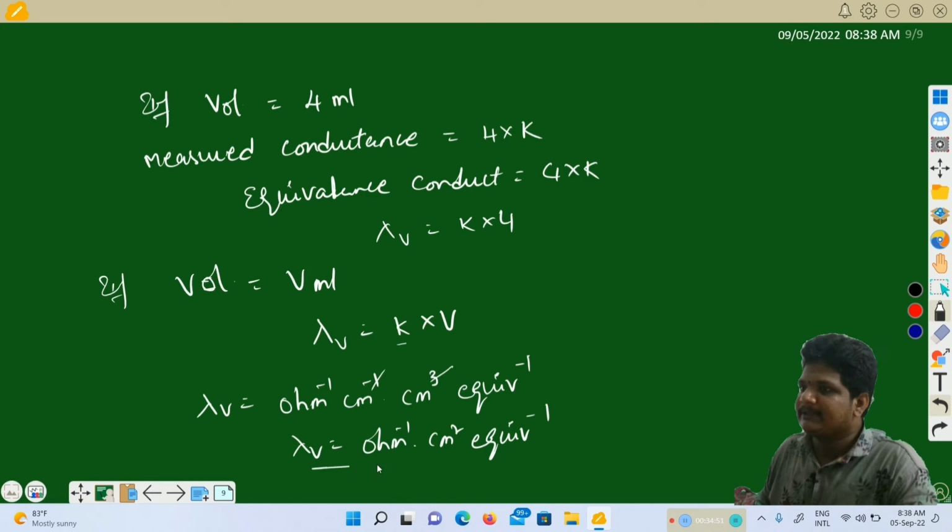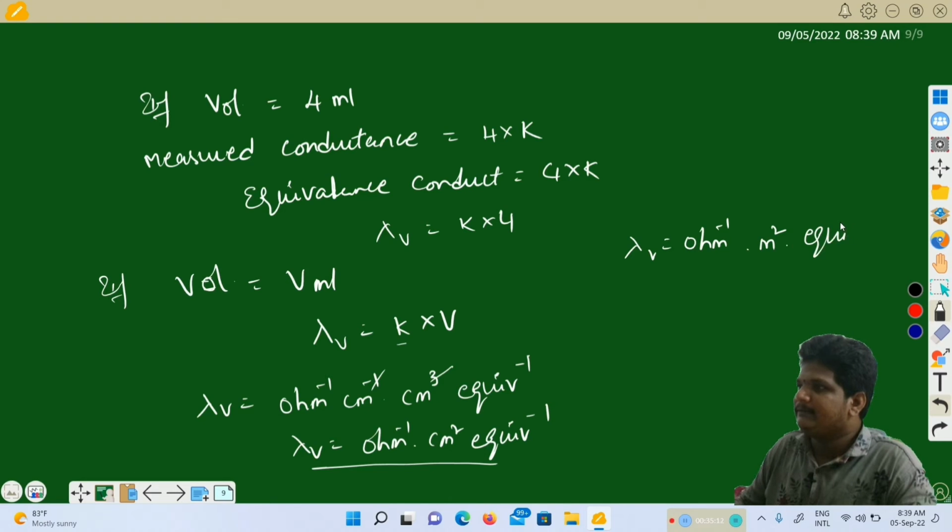It can also be represented as ohm inverse meter square equivalent inverse.